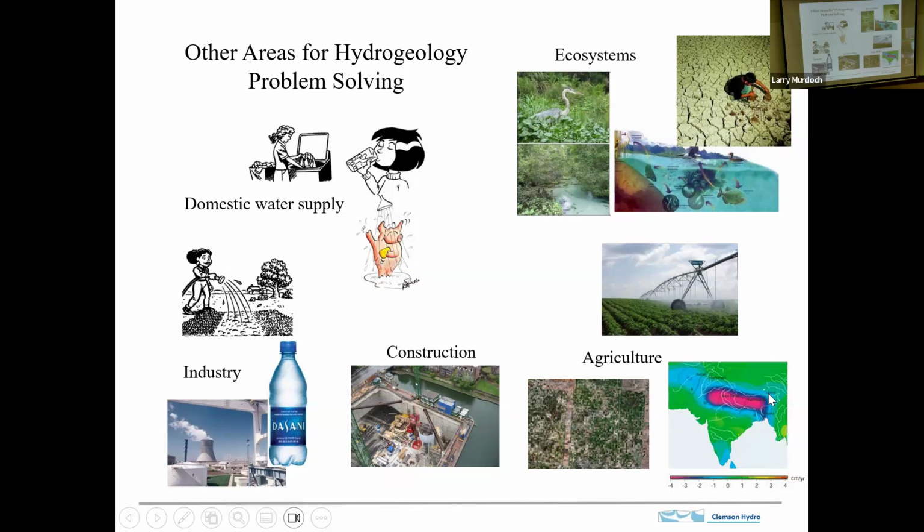Here's kind of a cool image. This is northern India, and this is a gravity anomaly that was measured from satellite. The strength of gravity depends on the mass of the Earth, right? So if the mass changes, then the gravity changes. So they can measure gravity with super high resolution.